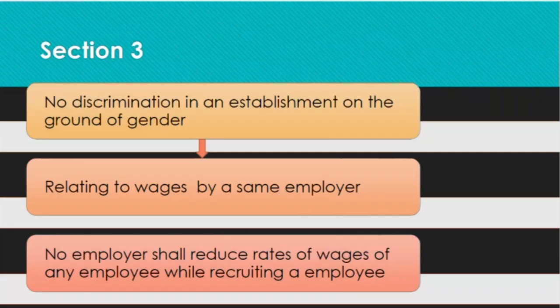Next important thing, there should not be any discrimination. There should not be any discrimination on account of gender, or no person will be given discriminating wages. Okay, so the minimum wages given should be the same. There should not be any discrimination between employees.